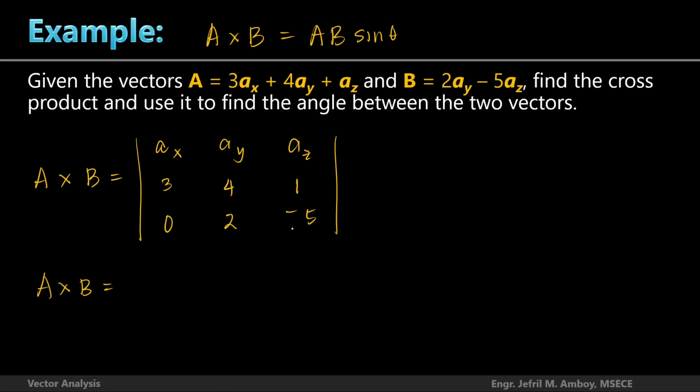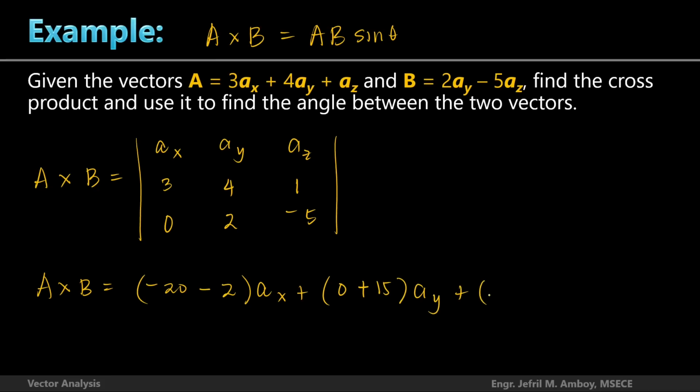Now, to evaluate this, A cross B, if you remember the shortcut, for ax, it should be 4 times negative 5, that's negative 20, minus this product, which is 2, and then multiply it by ax. And then plus, for ay, we will cover the second column, up minus down. So this product is 0 minus 3 times negative 5, which is negative 15. So this becomes positive 15, and multiply it by ay.